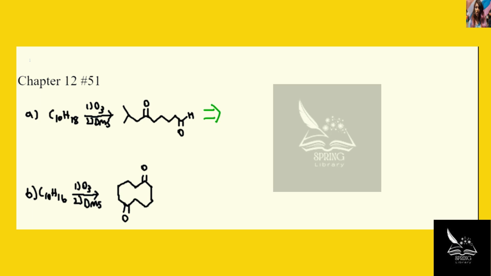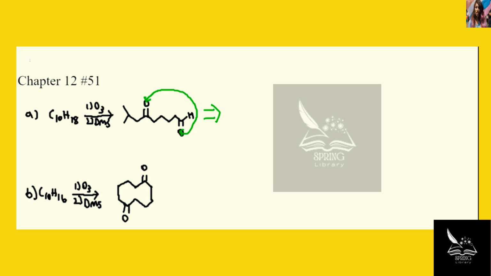So for the first molecule in A, we need to know where it came from. The easiest way to do that, since we're dealing with oxidative cleavage reactions, is to put these oxygens end to end and then join them together, making the double bond between the two carbons that are carbonyls right now.